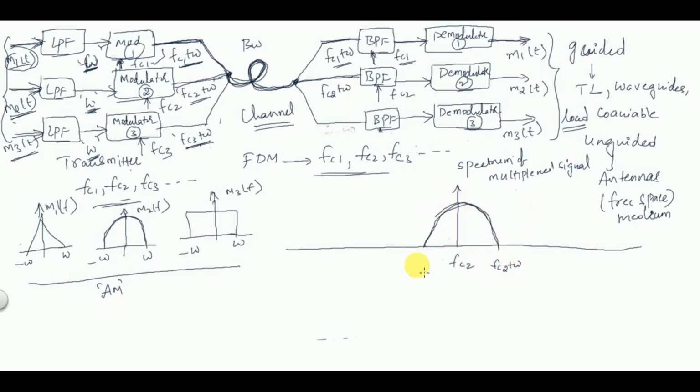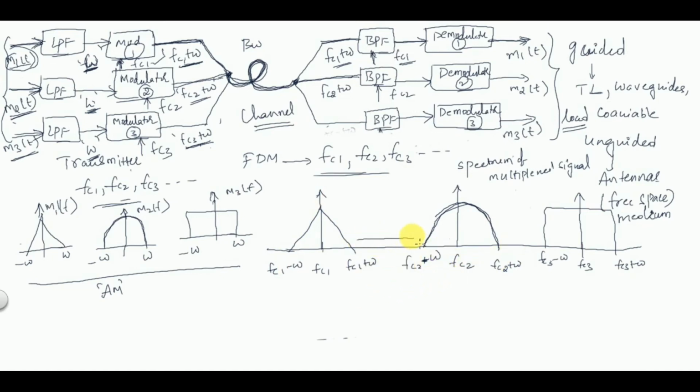The center frequency here I take as fc3, so this will be fc3 plus w and fc3 minus w. Similarly, if you take fc1 as the center frequency, this will be fc1 plus w and fc1 minus w, as an AM signal.